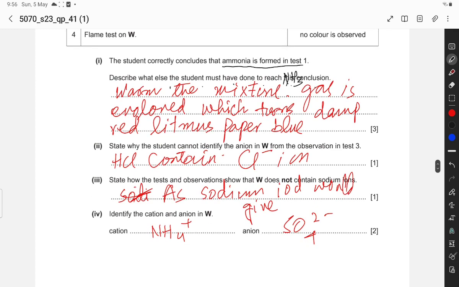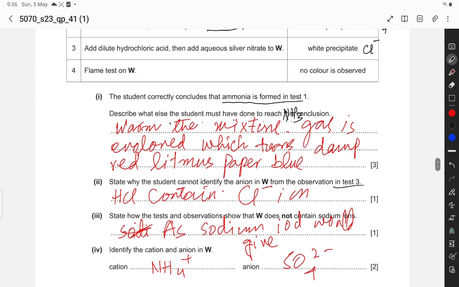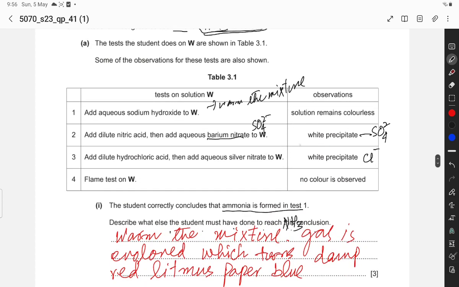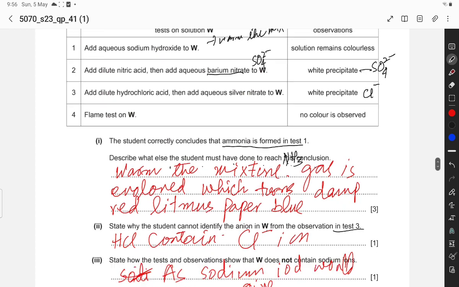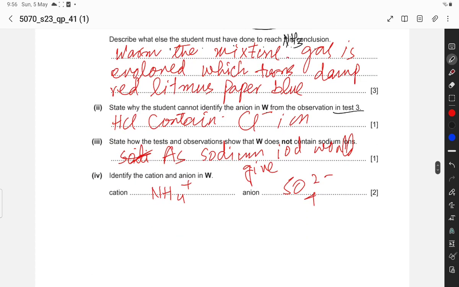State why the student cannot identify the anion in W from the observation in test 3. Because there is a white precipitate of chloride as well as a white precipitate of sulfate. So the student cannot identify the anion from test 3 because the sulfate ion is already confirmed in test 2.